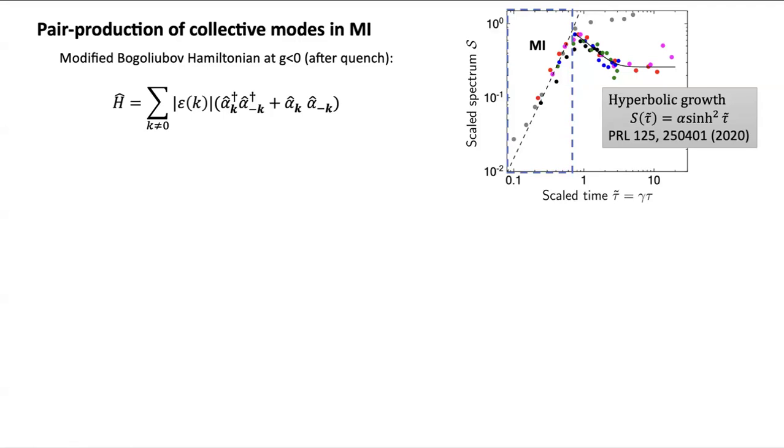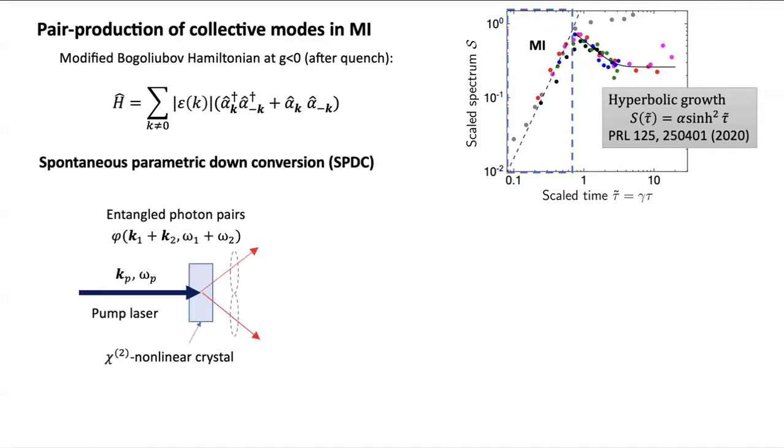And if you ever work in quantum optics, this looks very much like spontaneous parametric down conversion. What's that? You have a very high power pump laser. You shine it on a Chi2 nonlinear crystal, and you can generate a pair of photons that are both momentum and energy entangled. In quantum optics, how do we know that these two photons are entangled?